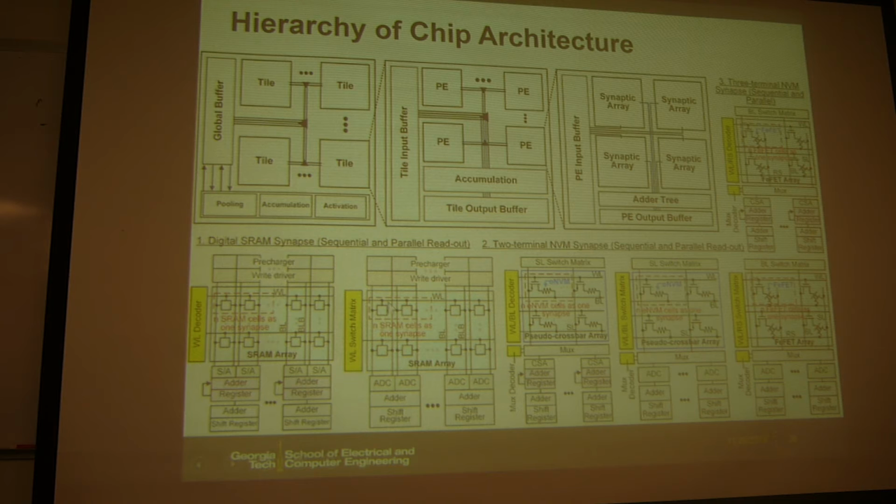As we discussed, SRAM, or two-terminal non-volatile memory like RRAM, or three-terminal devices like ferroelectric FET, or floating gate transistor, also possible, flash. So we can model different technologies, build up the chip architecture, and run the estimation for the performance, like the latency, area, power consumption, and energy for your machine learning workloads.